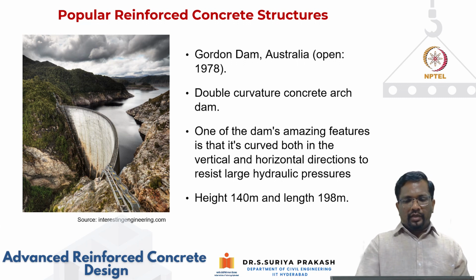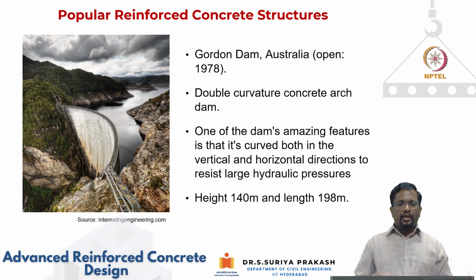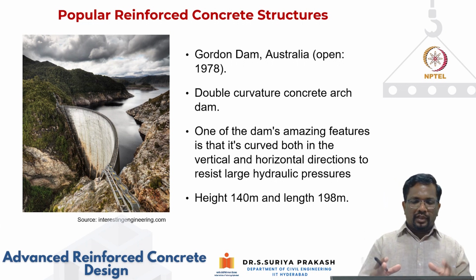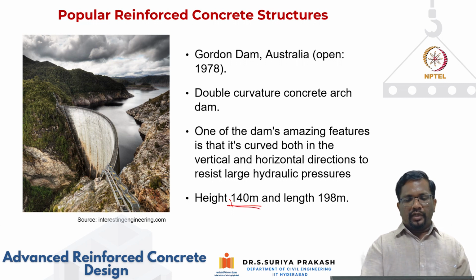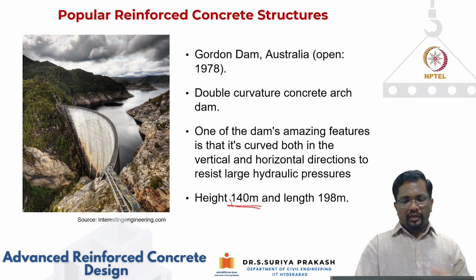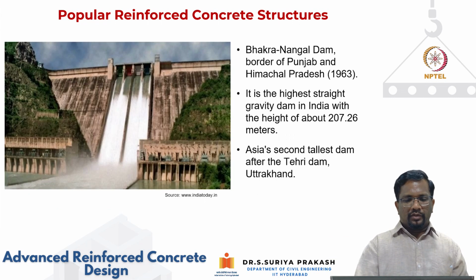It is curved in both the vertical and horizontal directions, and it is designed in such a way that it can resist very large hydraulic pressures. It stands about 140 meters, and it has a length of about 198 meters. Again, subjected to water, you can see, always in contact with water.